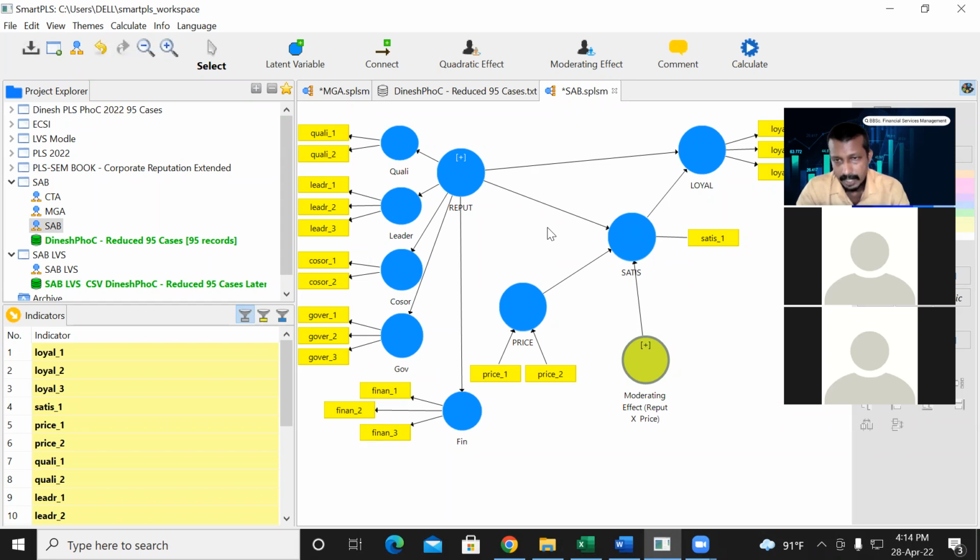Now, my last point, I am talking about how to measure a model where the indigenous variable, here loyalty, is like this. I assume not loyalty, I will show you. Now these arrows are here, no issue. This is measurable as a second order one. But there is another technique we call the two-step approach. I will show you that towards the end. Now I am not going to change anything in this model.